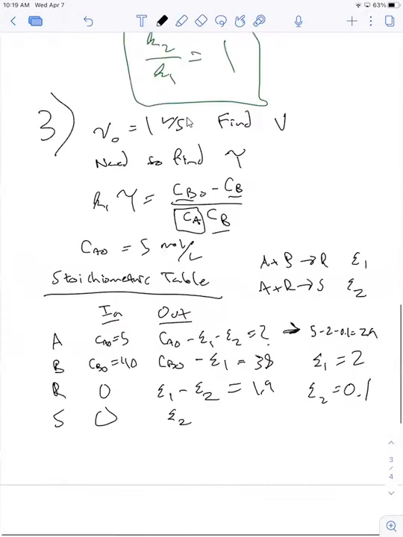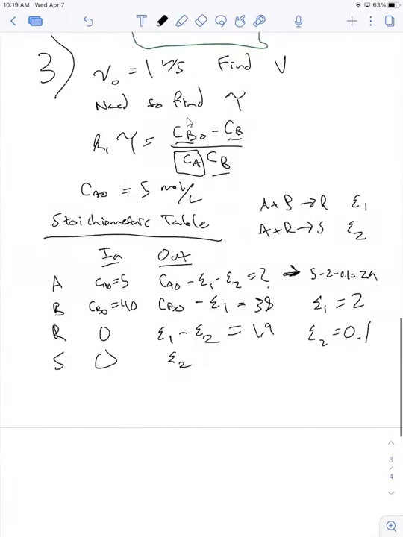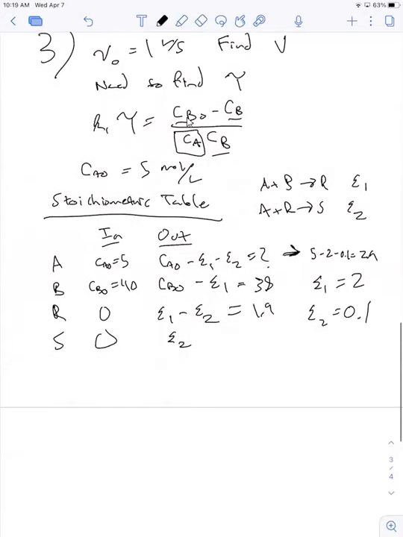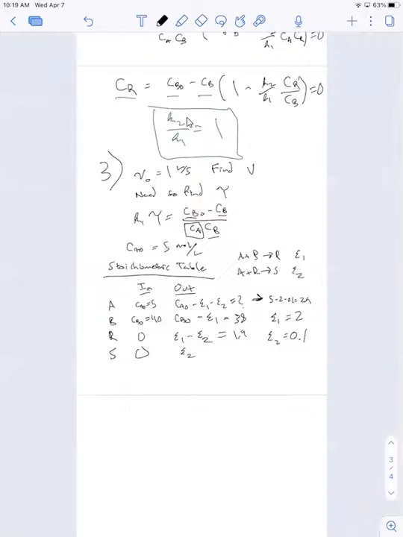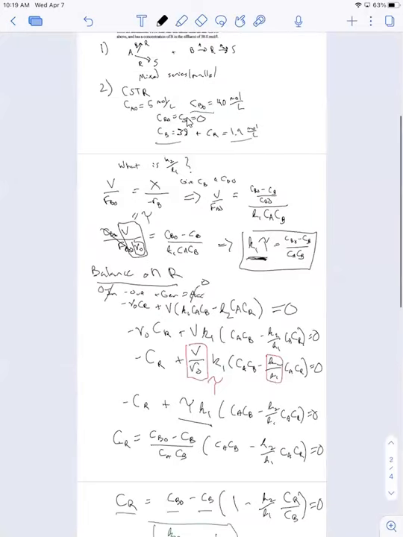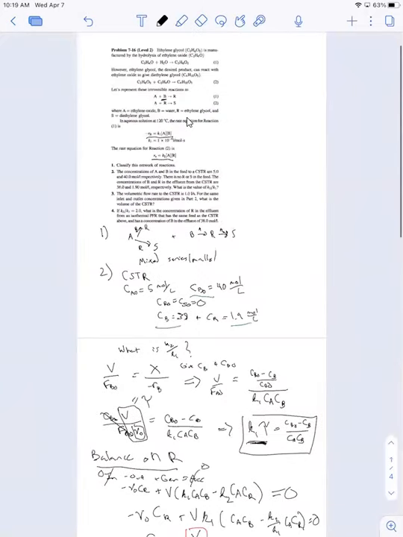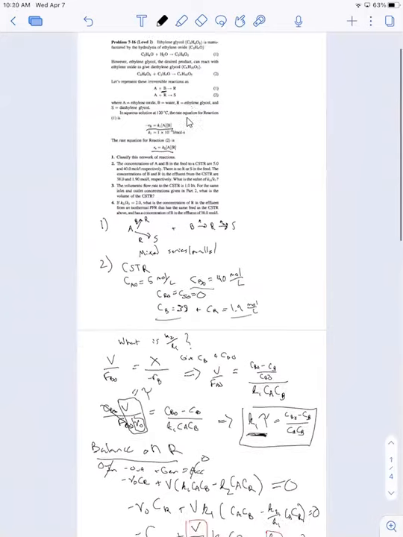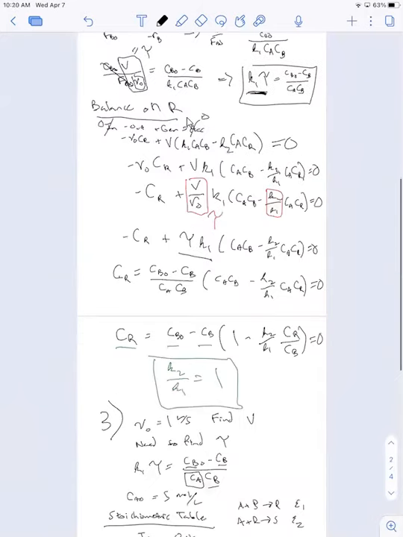All right, so now I can just plug this in. We have, again, K1 equals 1 times 10 to the negative 6 liter per mole second.